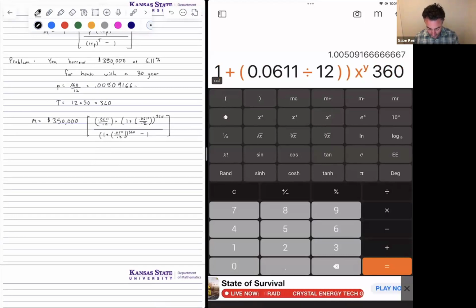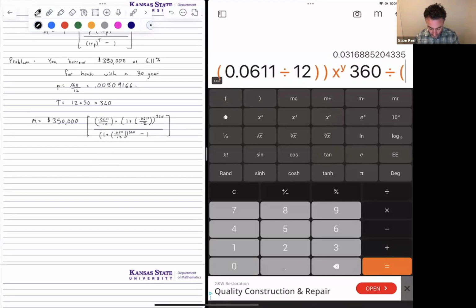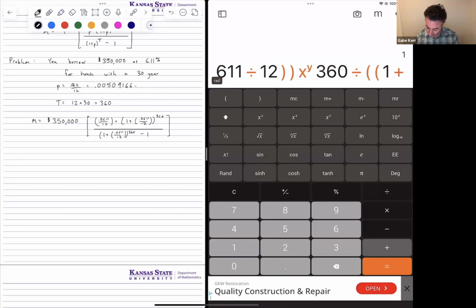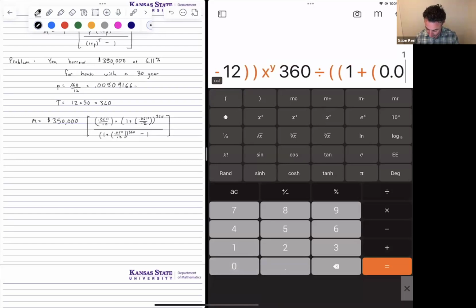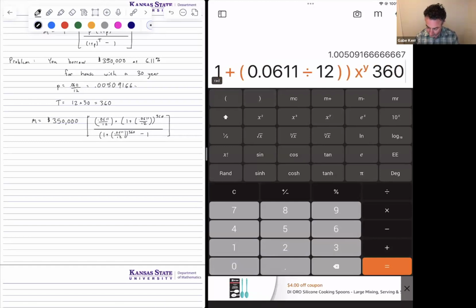And then I'm going to divide this by 1 plus 0.0611 divided by 12, all of that to the 360 power, minus 1.